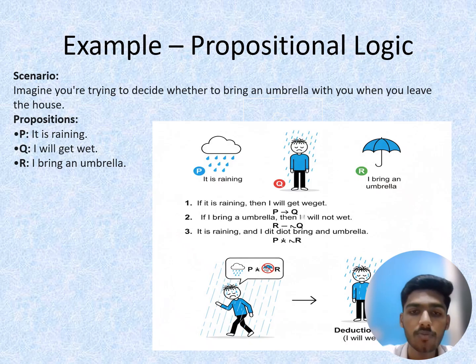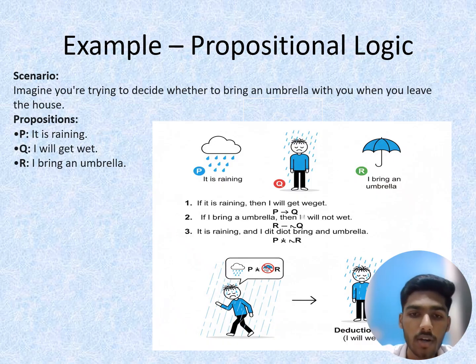Rule 1, if it is raining then I will get wet. That is P implies Q. Rule 2, if I bring an umbrella then I will not get wet. R implies negation of Q. Okay, now we give the AI the current situation. Fact 3. It is raining and I did not bring an umbrella. That is P and negation of R.